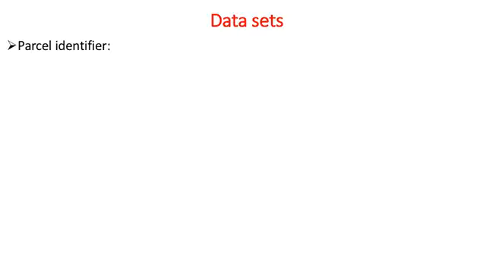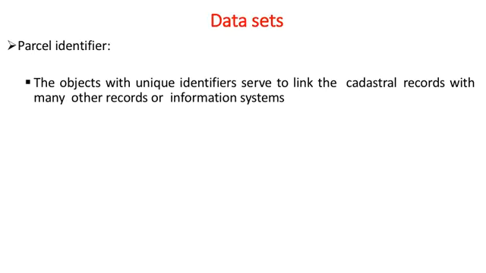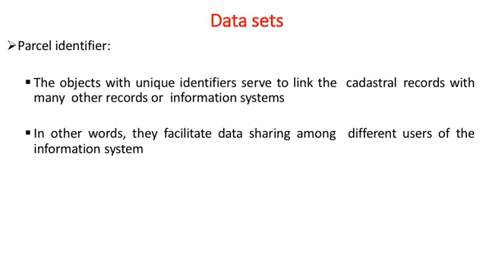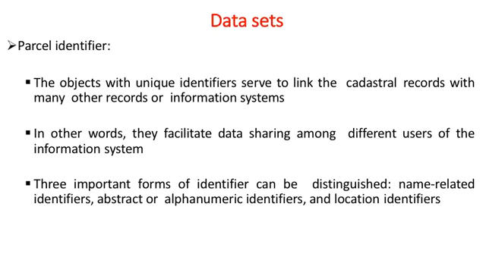And the parcel identifier, an object with a unique identifier, serves to link the cadastral record with many other records or information systems. In other words, they facilitate data sharing among different users of the information system. Three important forms of identifier can be distinguished: name-related identifier, abstract or alphanumerical identifier, or location identifier.